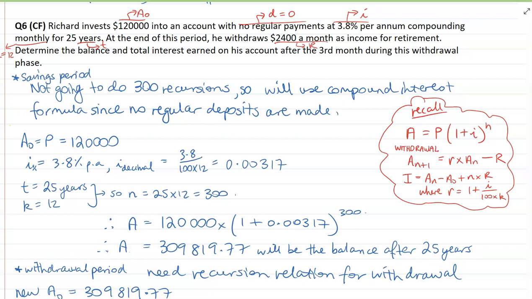Moving on to question 6. We got old Rich investing $120,000. I wish I had that much money into an account with no regular payments. So our regular deposits are $0. And we have an interest rate of 3.8% per annum, compounding monthly for 25 years.